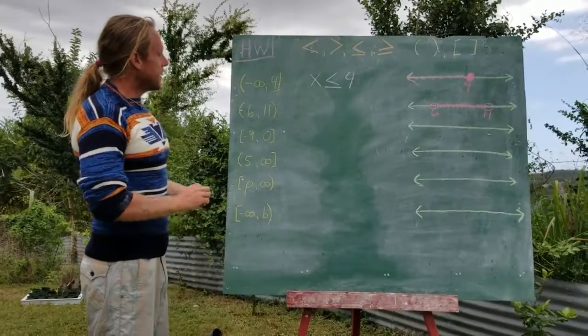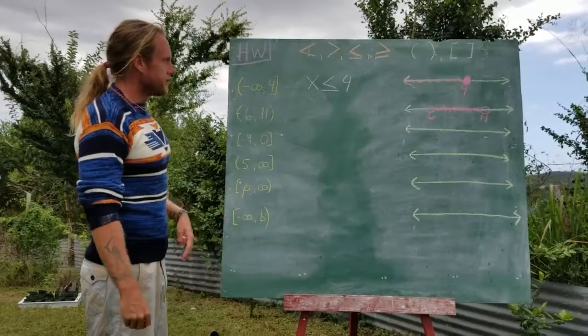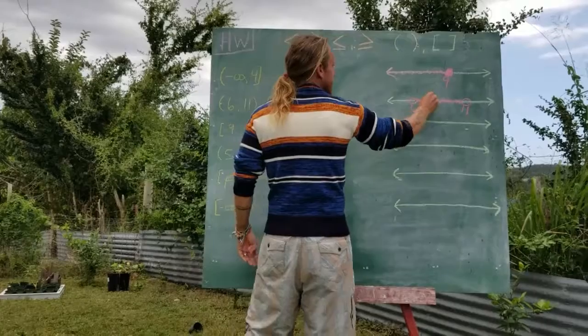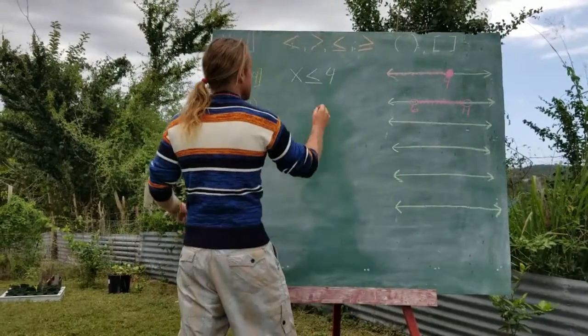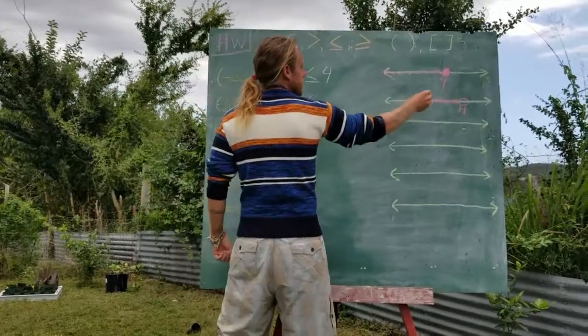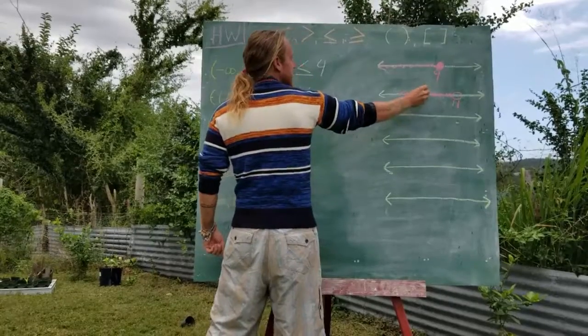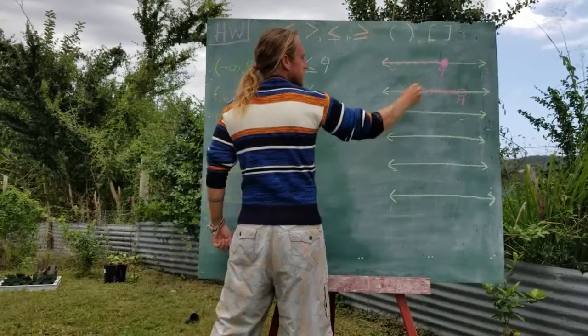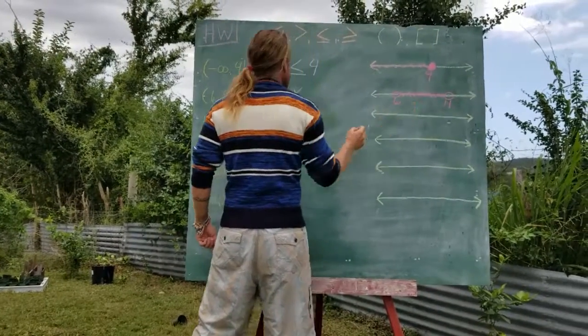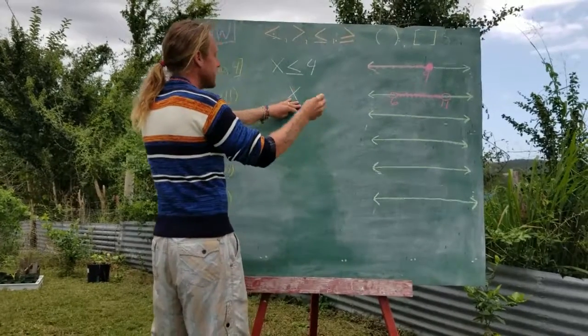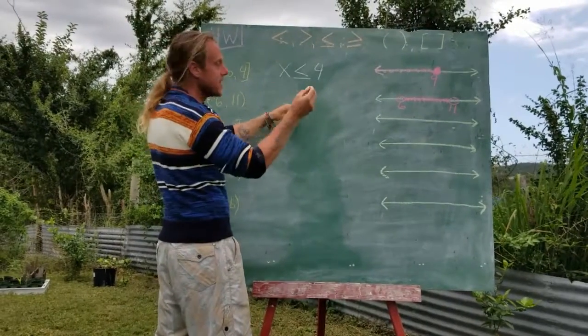Now let's describe it as an inequality. Well, any arbitrary x within the red, what do we notice? With respect to 6, x is greater than 6, whether we go here, here, here, or here. So we can say that x is greater than 6, or we can say 6 is less than x, right?